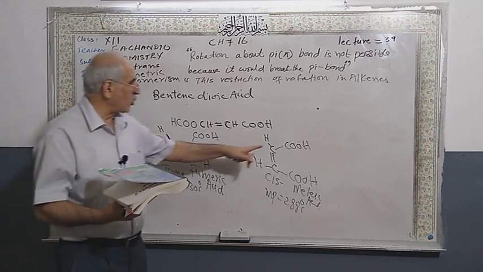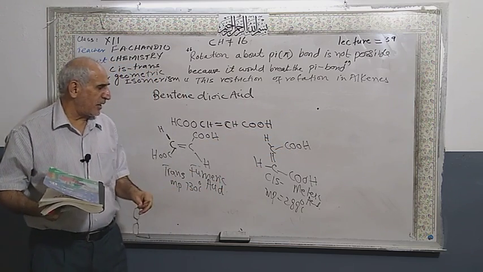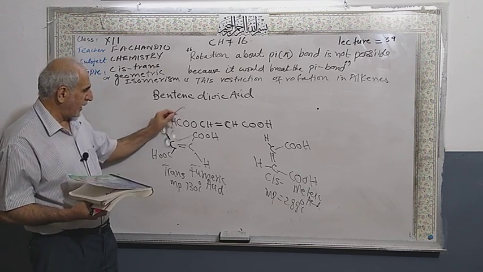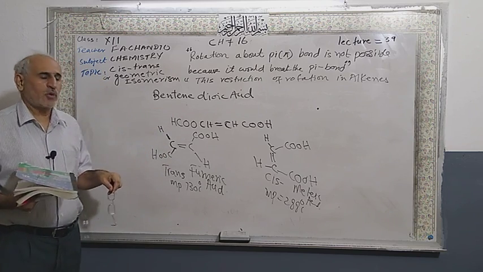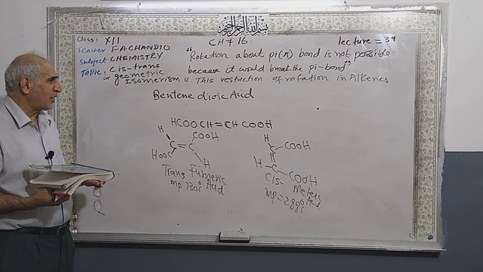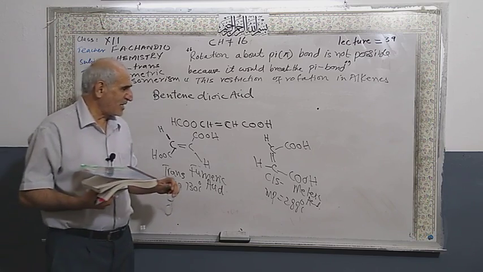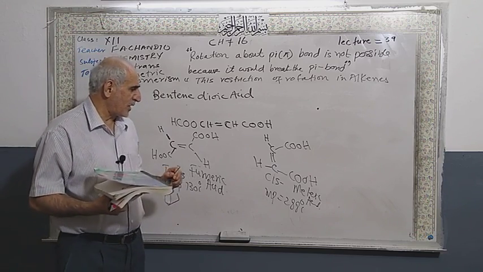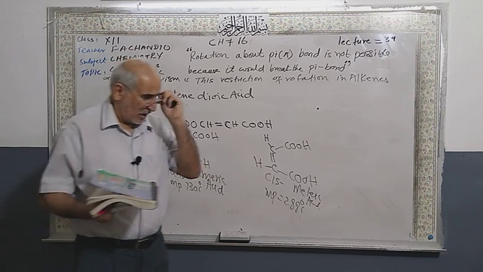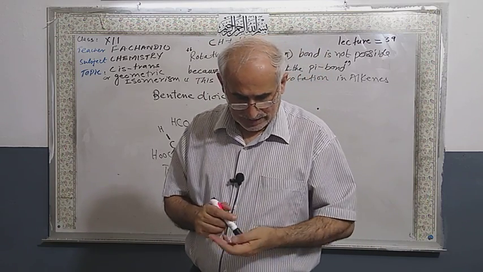So when the two bulky groups are on the same side, students, that's why it has a melting point higher than that of the isomer where the bulky groups are on opposite sides, in the form of trans butenedioic acid or fumaric acid and cis butenedioic acid or maleic acid. This is maleic acid and this is fumaric acid, and they have the formation of cis and trans.